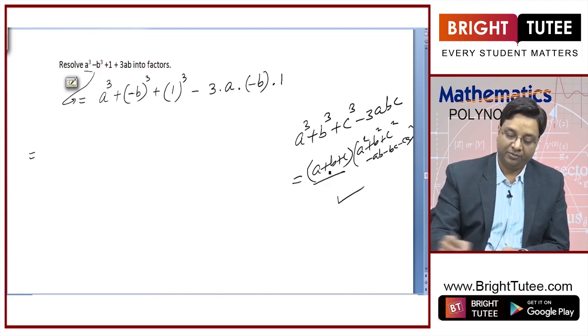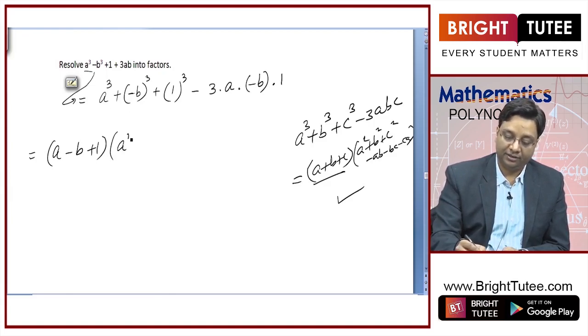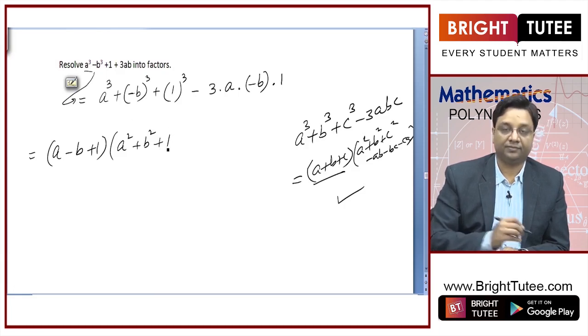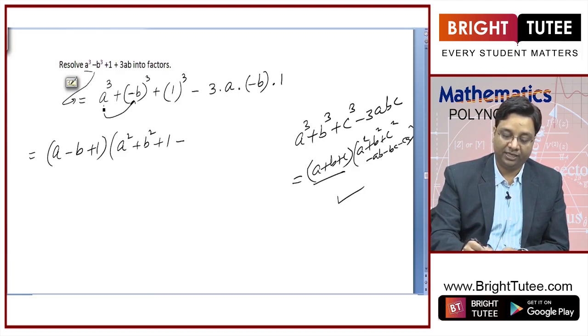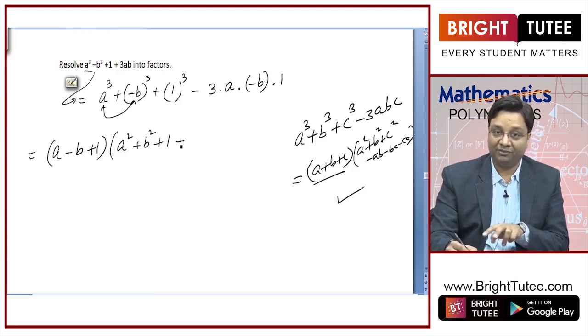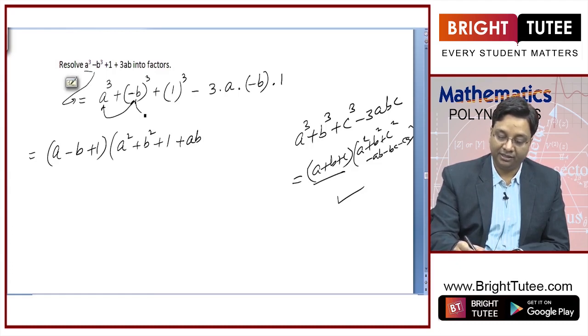Now a plus b plus c means a minus b plus 1, and a square, b square, 1 square is 1, right? Minus ab, so a into negative b, so minus ab will become plus ab now, right? Minus bc, so minus of minus b will become plus b, minus ca, so minus a.